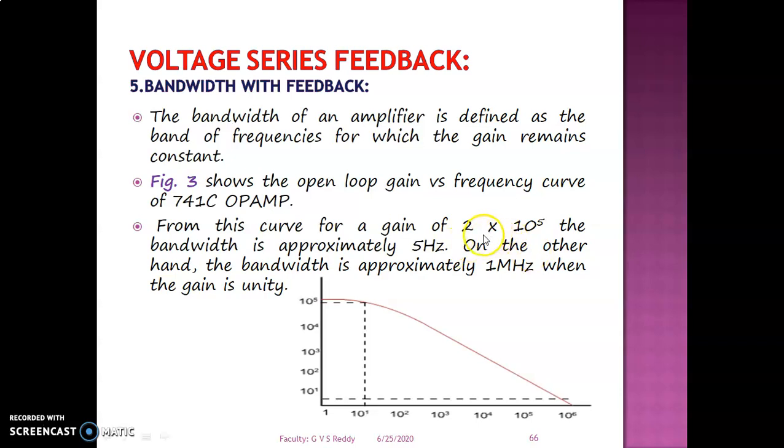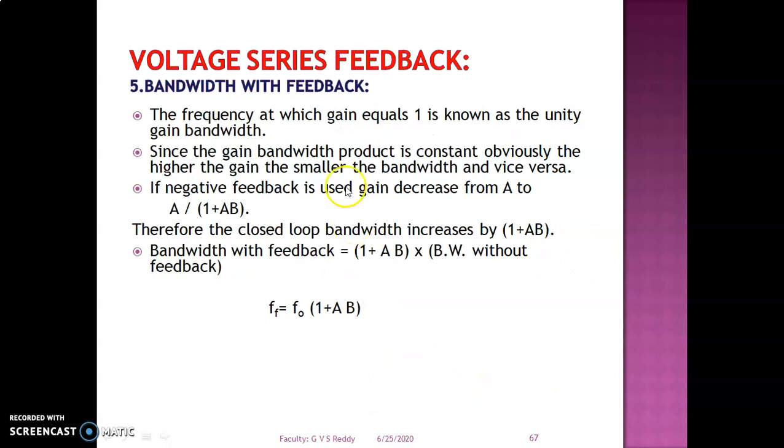So for an open loop gain of 2 lakhs, the bandwidth is approximately 5 hertz. If the gain is unity, the bandwidth is approximately 1 megahertz. From this curve, we can find the frequency at which gain equals 1 is known as unity gain bandwidth. Since gain bandwidth product is a constant, obviously the higher the gain, the smaller the bandwidth.